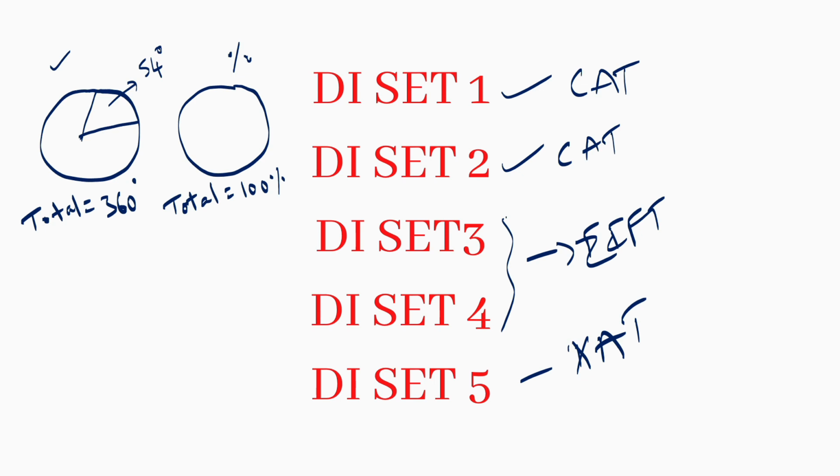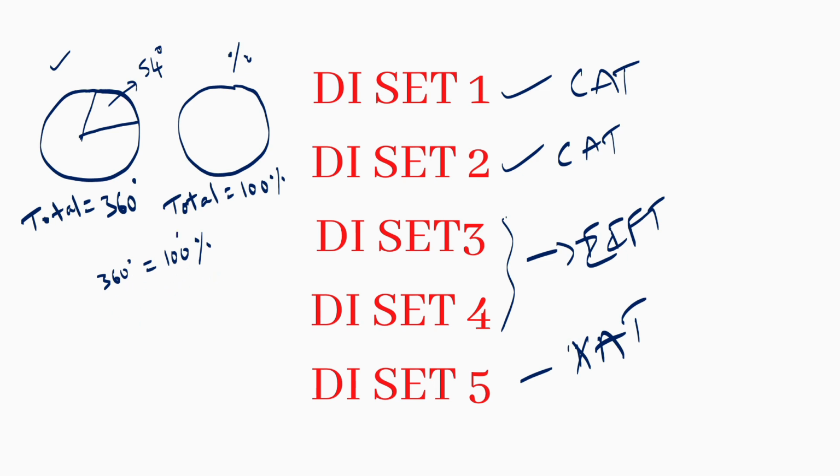So how can you change that? While solving the DI problems, you may be asked to change a sector into a percentage, that is, a degree into a percentage. Let's say let's find out the value of 54 degrees. How can 54 degrees be expressed in percentages? See here, 360 degrees is equal to 100%, right?